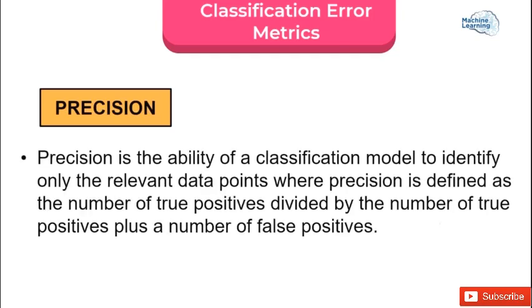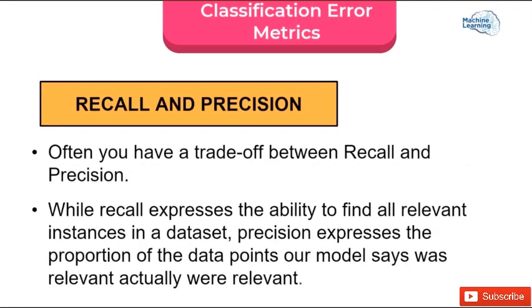And precision is the ability of a classification model to identify only the relevant data points, where precision is defined as the number of true positives divided by the number of true positives plus the number of false positives. So often you have a trade-off between recall and precision. While recall expresses the ability to find all the relevant instances in a data set, precision expresses the proportion of the data points our model says were relevant that actually were relevant.